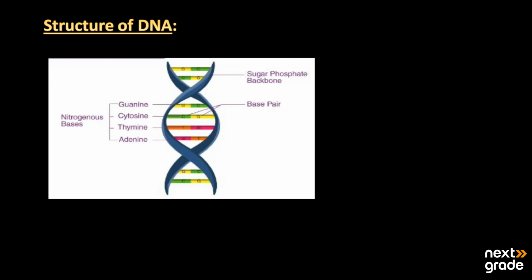They proposed that DNA is a double helical structure in which two strands are twisted around each other. Now, how are these two strands combined? On one strand, we have nitrogenous bases. These nitrogenous bases are of four types: guanine, cytosine, thymine, and adenine.